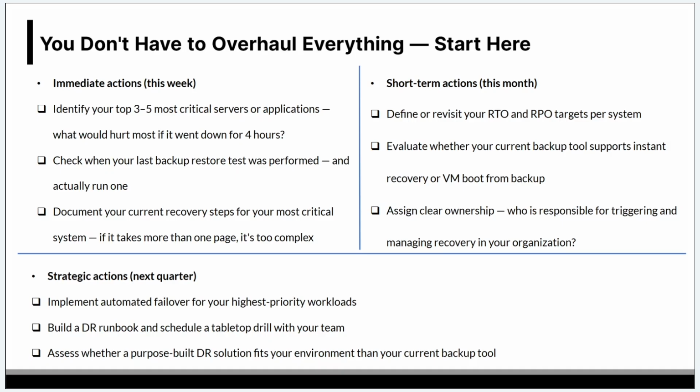Next, you need to assess the DR solution that you have. Either it fits your environment, or you need to go for a different backup tool. That is something that you need to assess. It's a 3-month time gap. So for the immediate one, please start from today. Then the short term, you can check on a monthly basis, like next April.